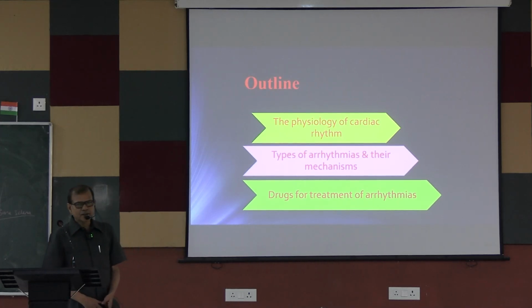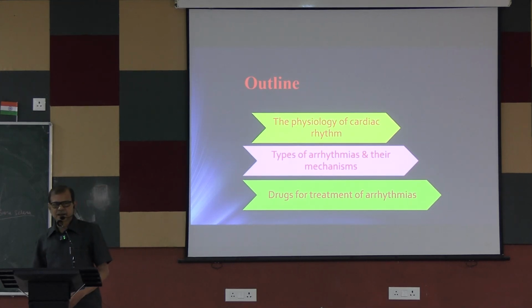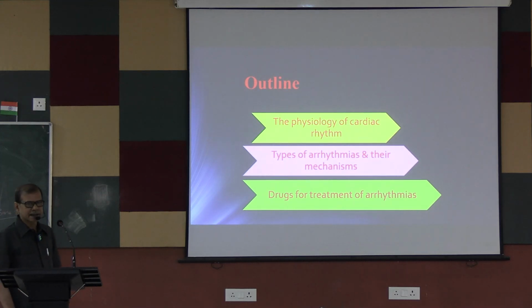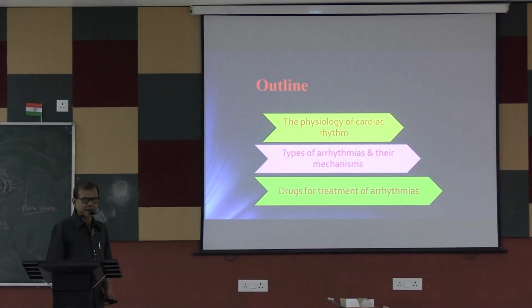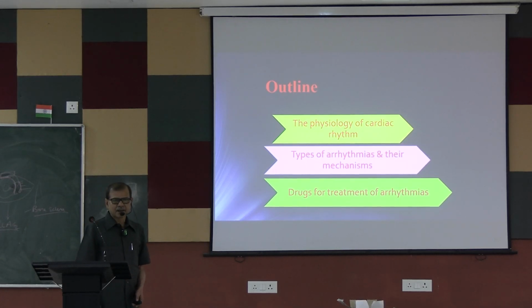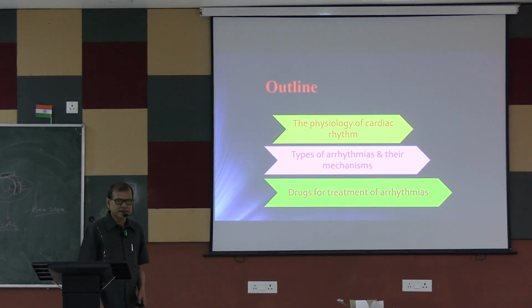What is the anatomic substrate for genesis of cardiac arrhythmia, or more precisely for genesis of the cardiac electrical impulses? This is the conduction system of the heart. Now, what is the conduction system and what are the components of the conduction system?